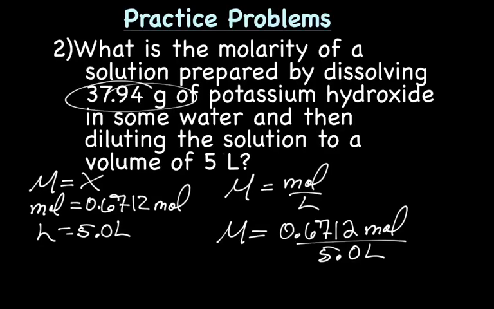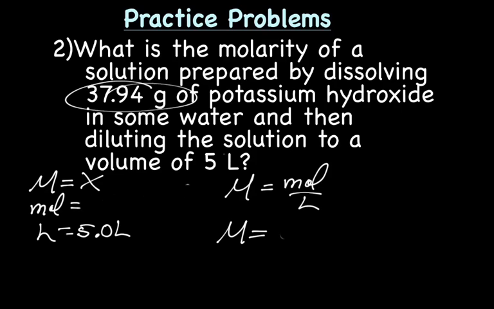All right. Hopefully a few of you were screaming at the screen saying, Miss Moore, stop. Let's fix my mistakes before we calculate that. Our moles is 0.6762. All right. Sorry about that.